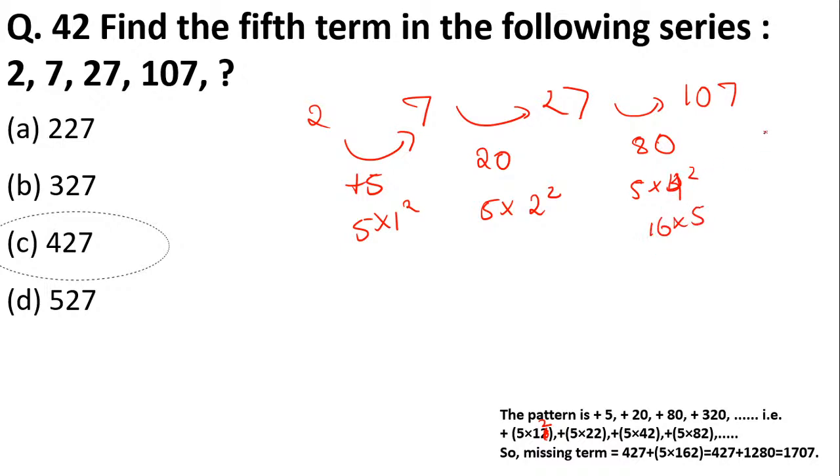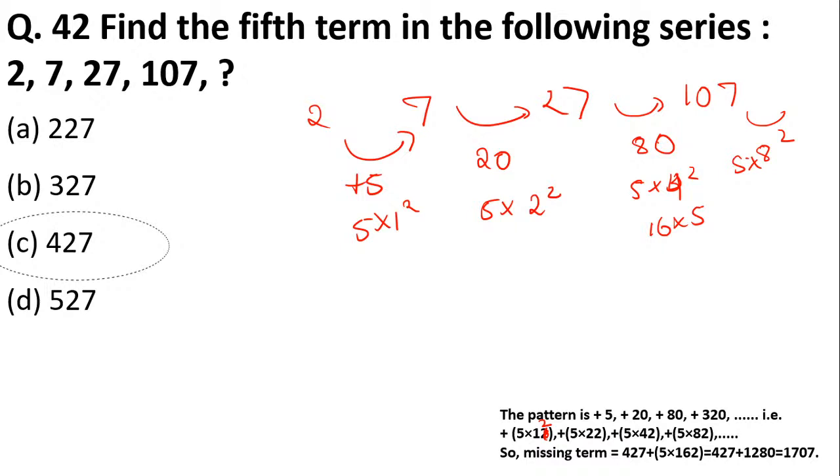The same way we will have to do the square of 8. Okay. Square of 8 is 64. So 64 into 5 is 320.